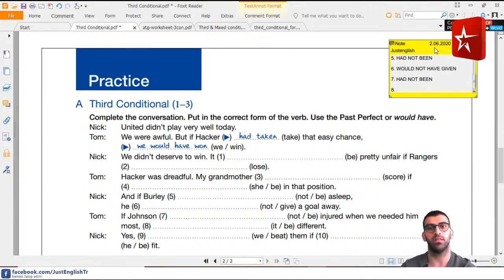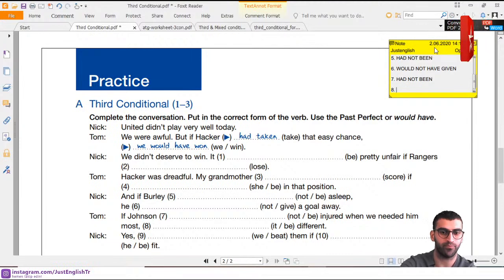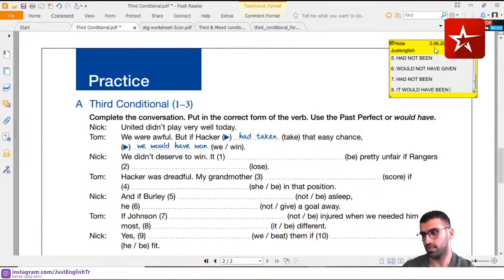yeah, number 7, if Johnson hadn't been injured when we needed him most, it would have been different. Yes, the correct answer is it would have been different.